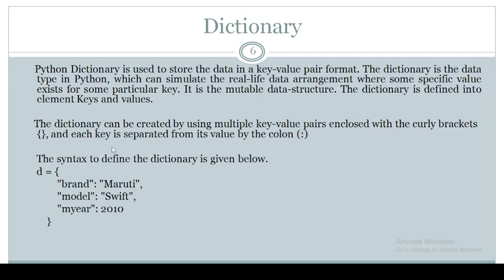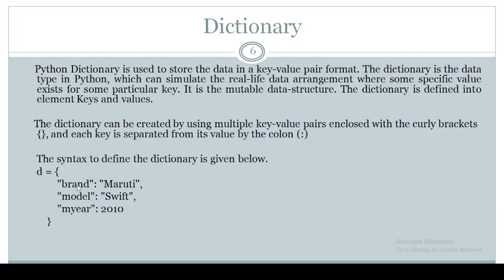Here I am giving one example. You can see the syntax to define a dictionary, where the variable is d. Within the curly brackets, I have three pairs. First is brand, Maruti; model, Swift; and M year, the manufacture year, that is 2010.